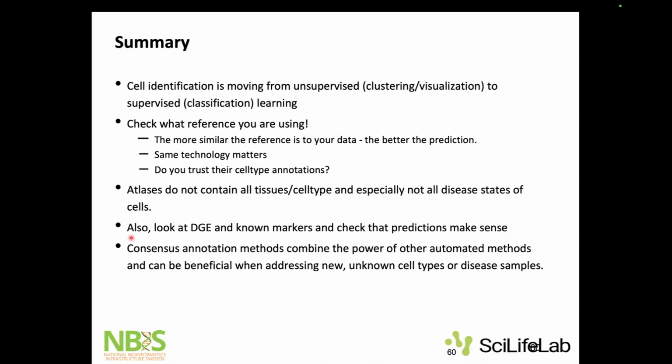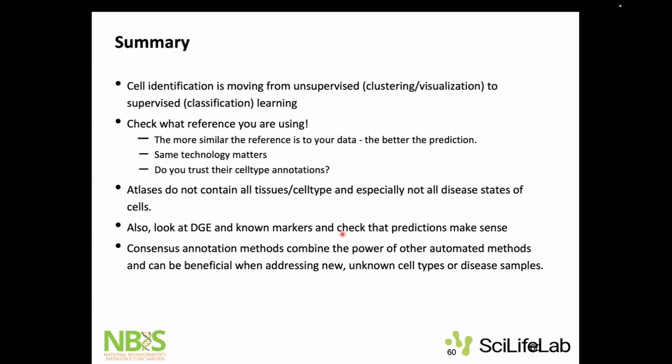Look at the differential gene expression and known markers and check whether the prediction gets better. Consensus annotation methods combine the power of different automated methods that are based on different techniques.